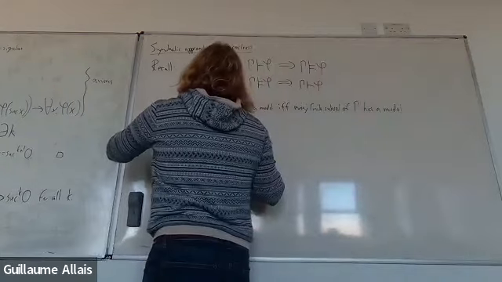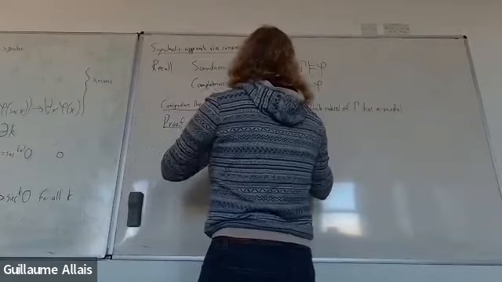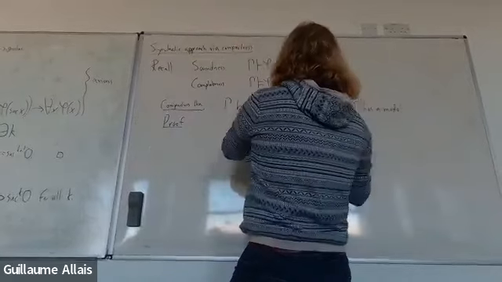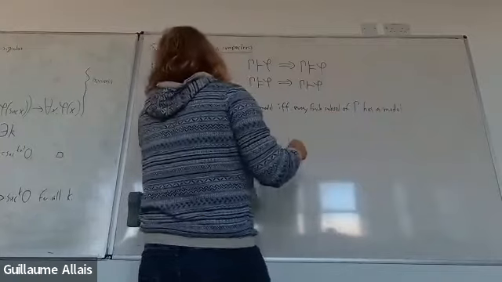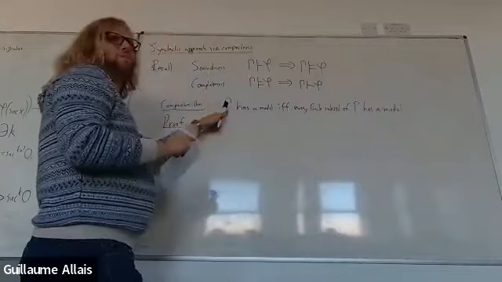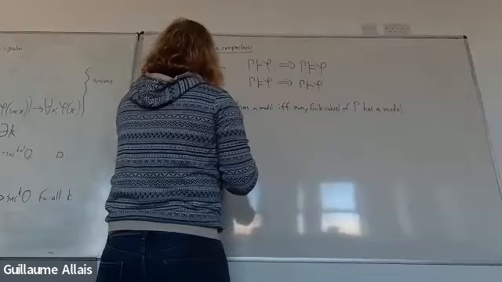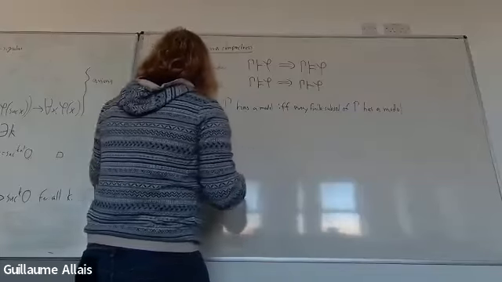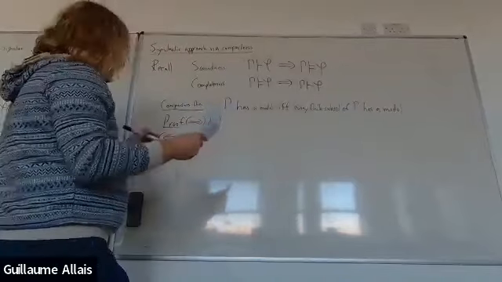This is not hard to prove if you're classical enough. If gamma has a model, then clearly every finite subset of gamma also has a model, because to be a model means that every formula has to be true in the model. So this direction is direct.